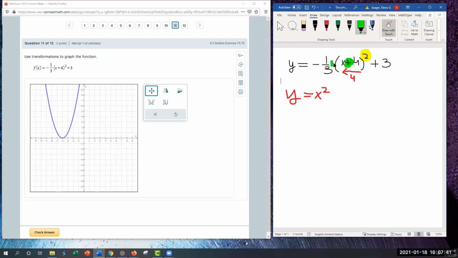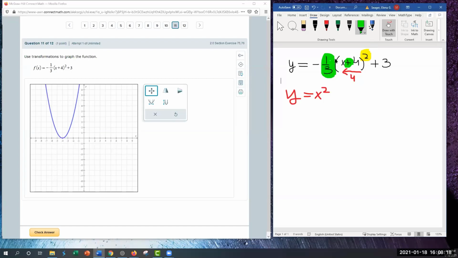The next operation is multiplication. We're multiplying by 1/3 times this square. So we're multiplying the whole square times a number. It means we either stretch or compress vertically. Since 1/3 is a number between -1 and +1, it will be a vertical compression.